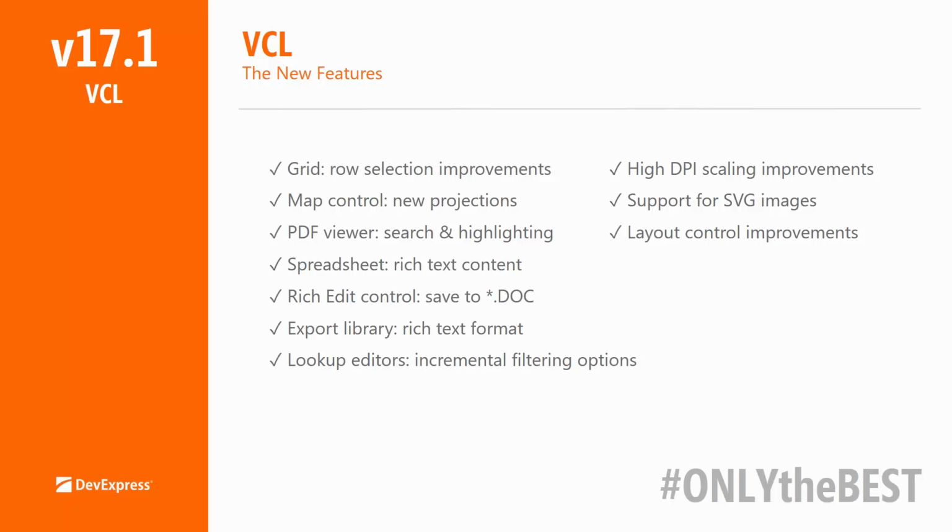We've already had RTF and docx, but now we can save to doc itself. So if you have some of those old Word installs on some of your users' machines, fret not, we can now produce doc files. Export library, along the same lines, we can export rich text format as part of the export from various controls. I'll be talking about that in a minute.